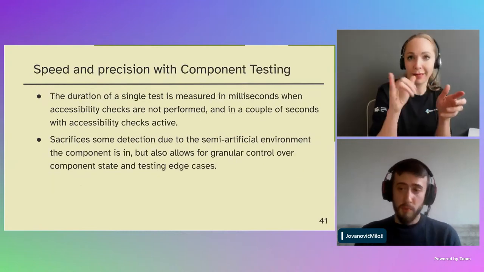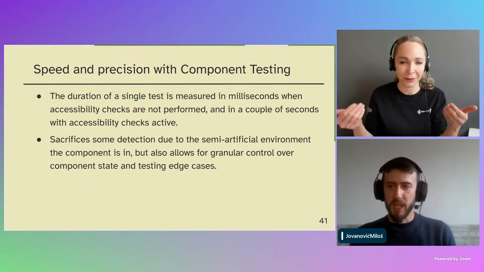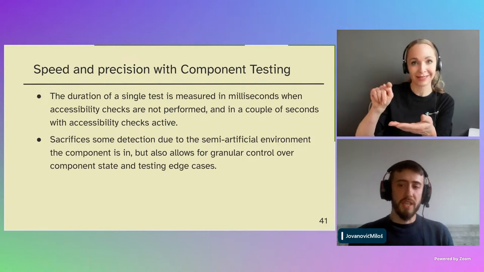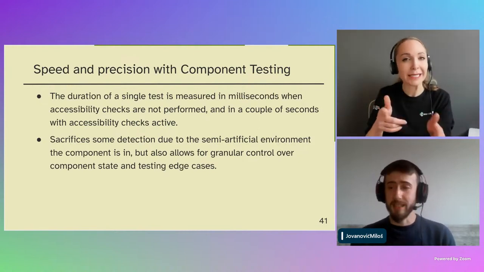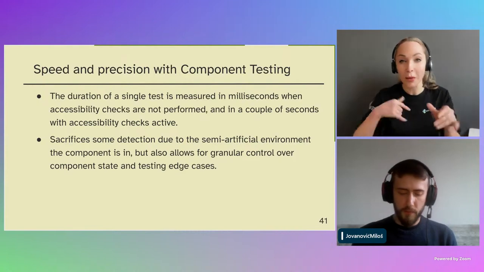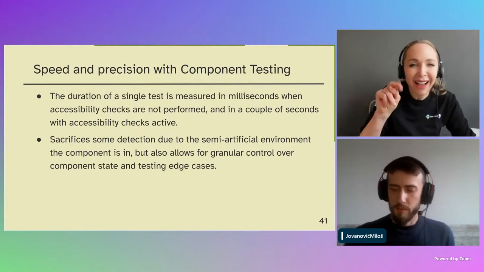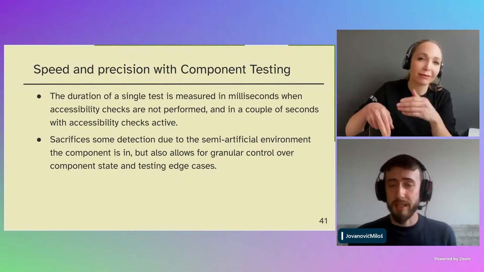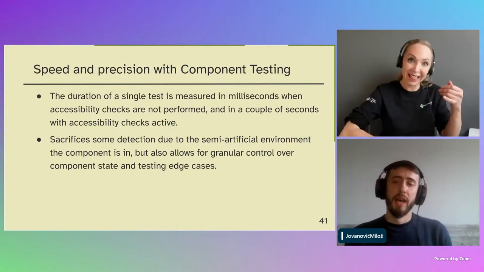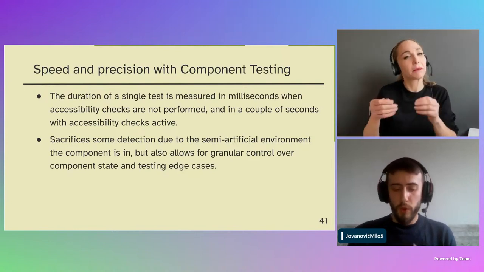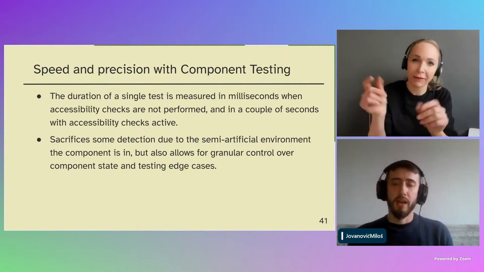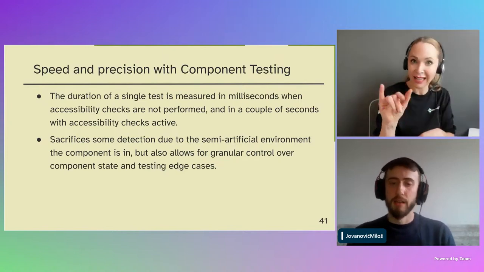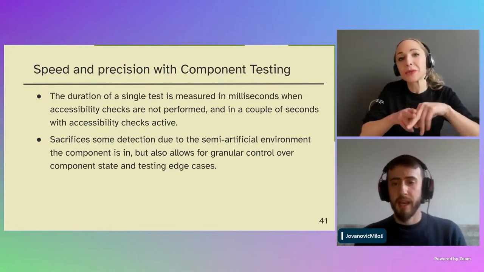With Cypress Component Testing, speed is the keyword, definitely. The duration of these tests is measured in milliseconds and is incredibly quicker to bring results than, for example, end-to-end testing, even in Cypress as well. With accessibility checks active, this is increased to seconds, but still speed is of the essence.